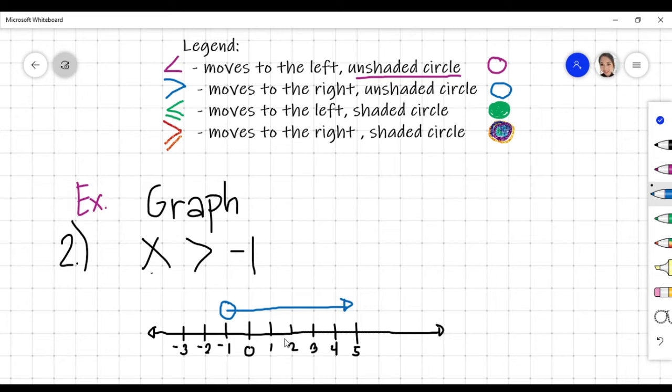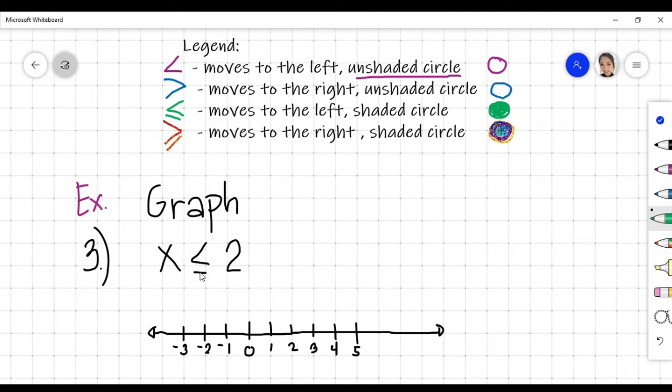So 1.5 is also a solution, 2.5 is also a solution, and so on. Because of the arrow, it tells us that the solutions are infinite. However, negative 1 here is not included. So only the numbers to the right of negative 1, but negative 1 is not included.